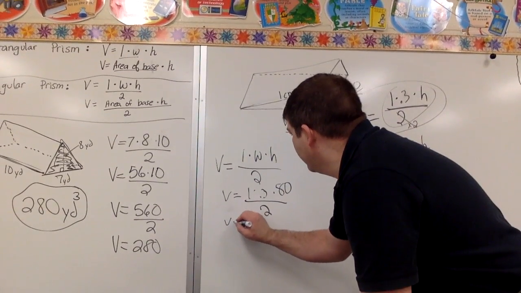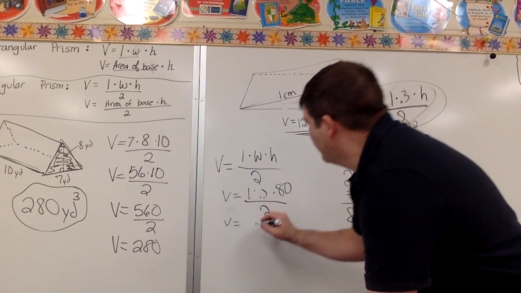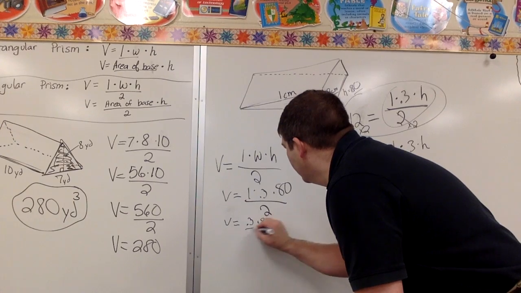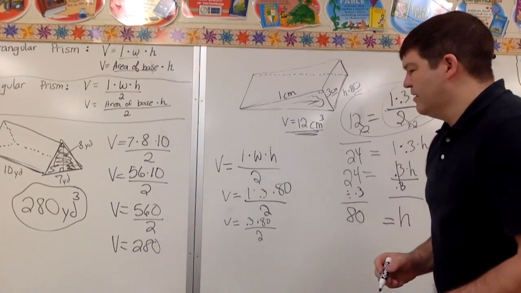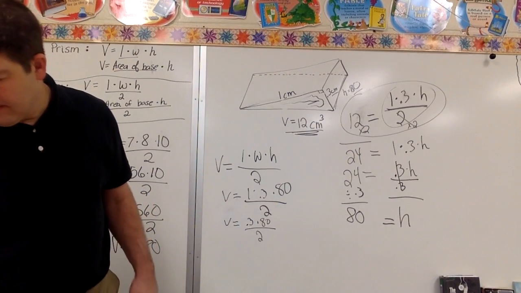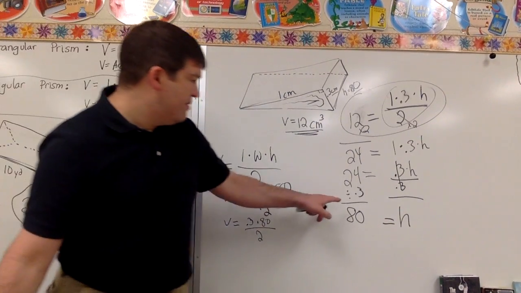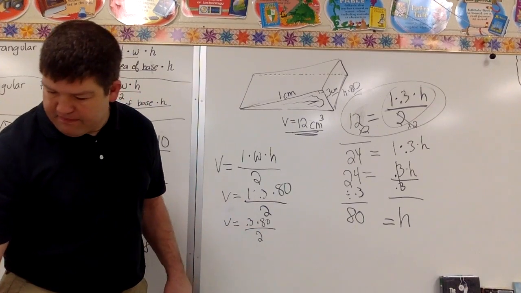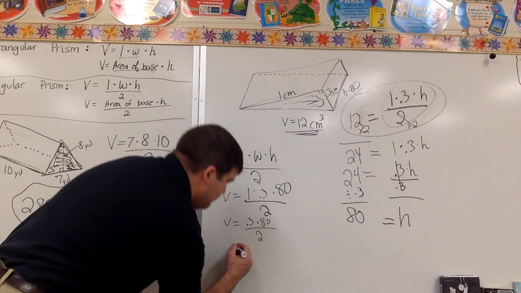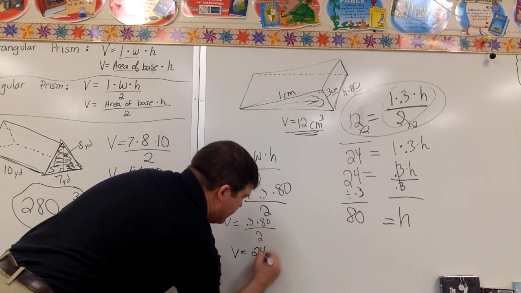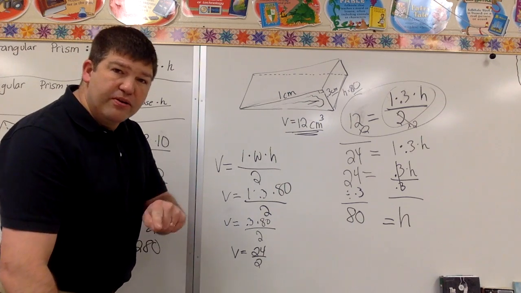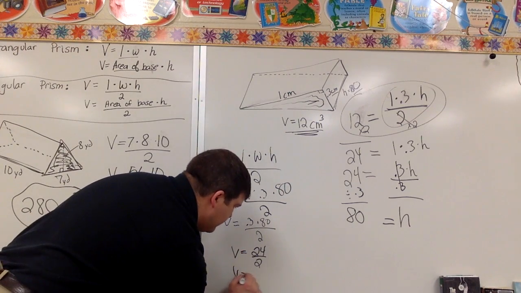Okay, volume equals 1 times 0.3 is 0.3 times 80 divided by 2. Okay, now I'm going to do my 0.3 times 80 equals 24. So volume equals 24 divided by 2. And if I do 24 divided by 2, that's going to get me 12.